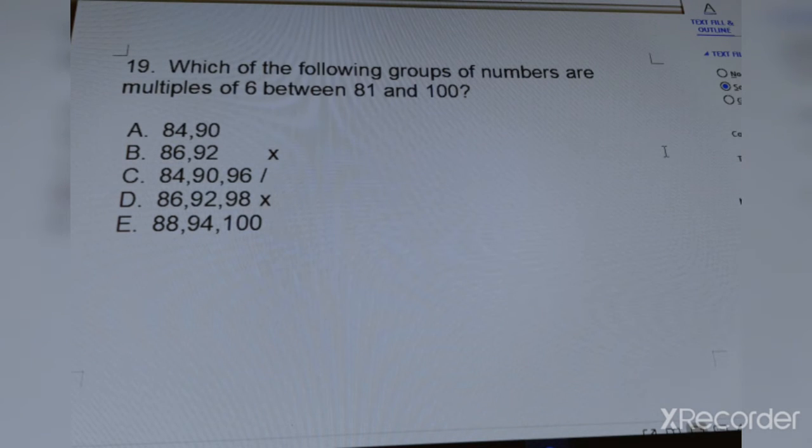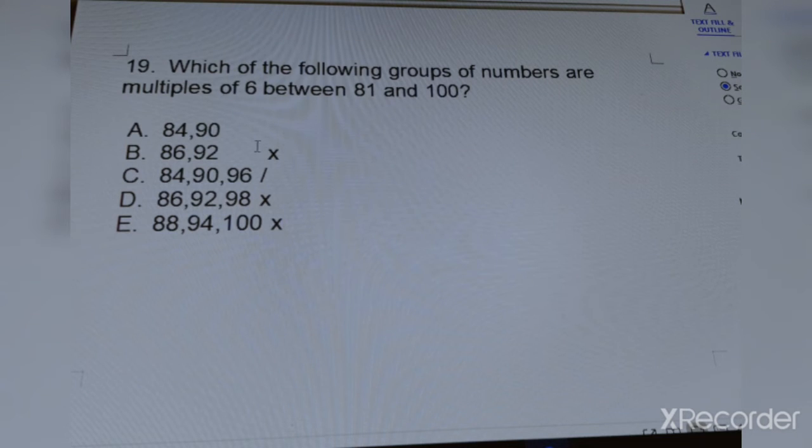Now for letter E. 88, 94, 100. 8 plus 8, 16. 16 is not divisible by 3. Therefore, it's not divisible by 6. So letters B, D, and E are wrong. So your choices now are A and C. The question is, which of the following groups of numbers are multiples of 6 between 81 and 100?